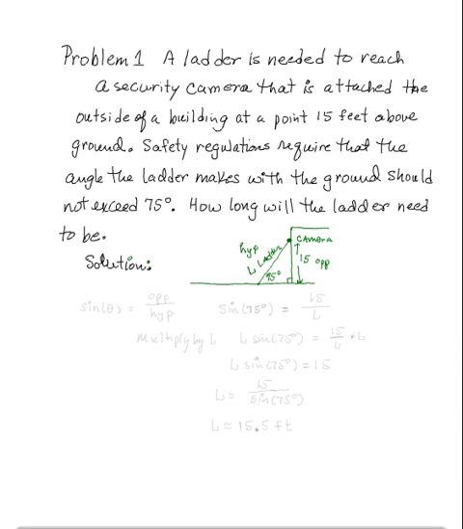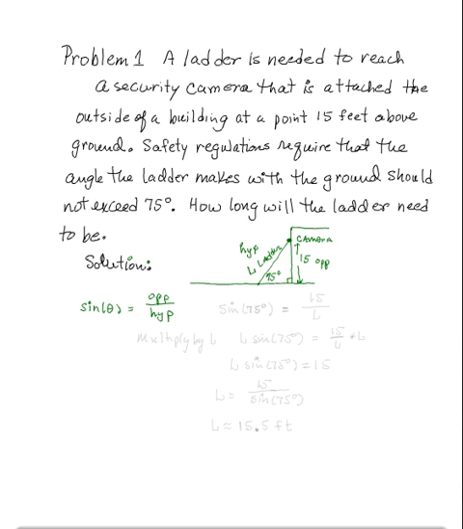So we have to think about what trig function involves opposite and hypotenuse, and hopefully you know that the sine of an angle is the opposite divided by the hypotenuse. So we can fill in the blanks now.